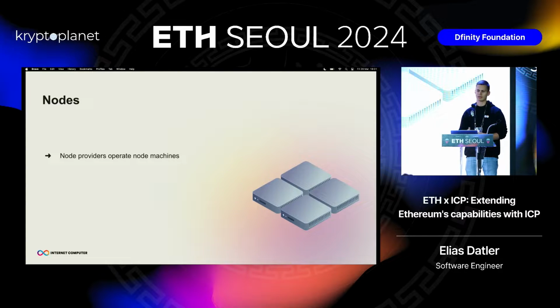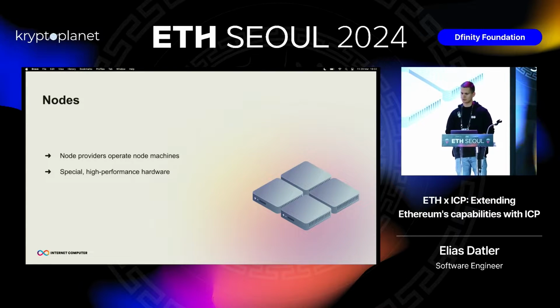So whenever AWS or Google Cloud would decide that they don't want to run Ethereum nodes anymore, they can just snap with the finger and 70% of the network would be gone. And that's, of course, not desirable. So for the internet computer, we really have our own nodes that are operated by independent node providers around the world.